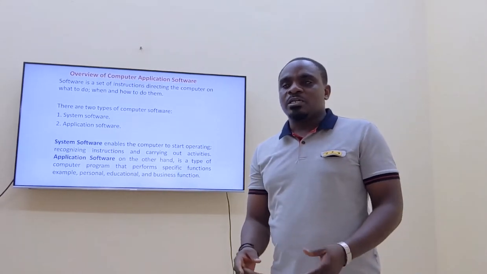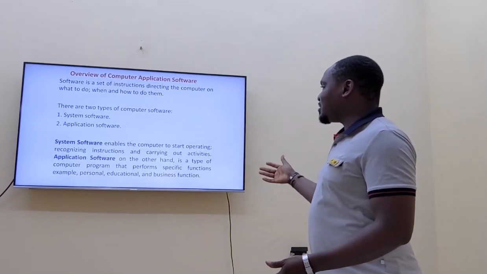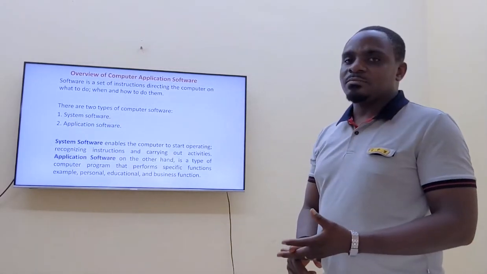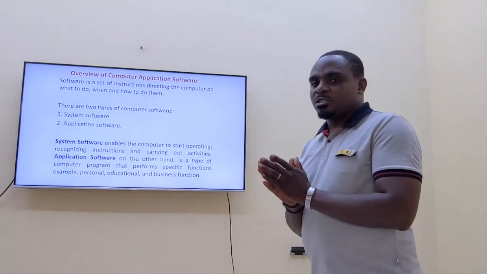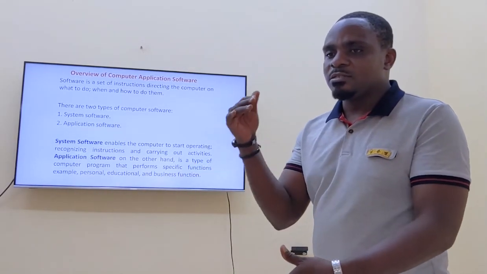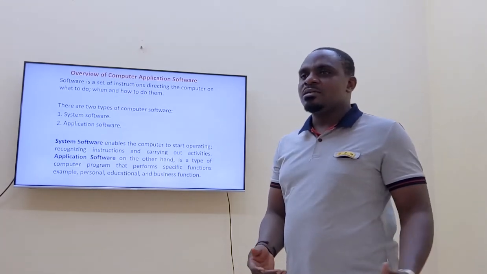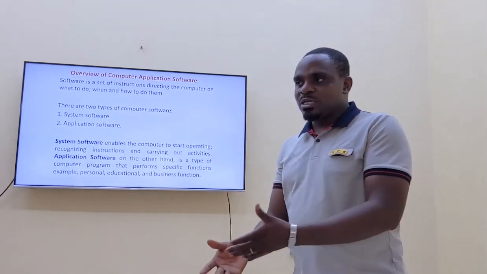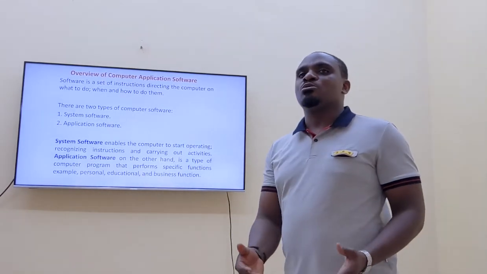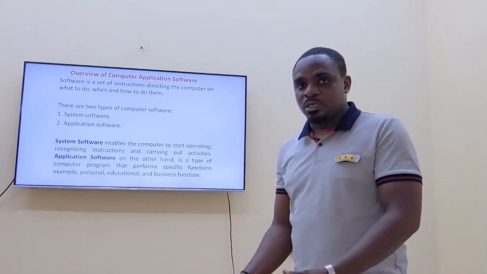A system software is nothing but a software that enables the computer to start operating, recognize instructions, and carry out activities. So a system software, in a nutshell, communicates better with the computer itself. It enables the computer to understand the user's needs. Now, when we talk about a user in this course, know that we are referring to a user of the computer, a human being that is using the computer.